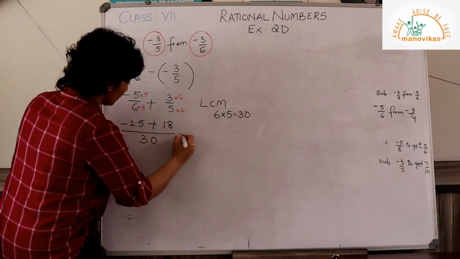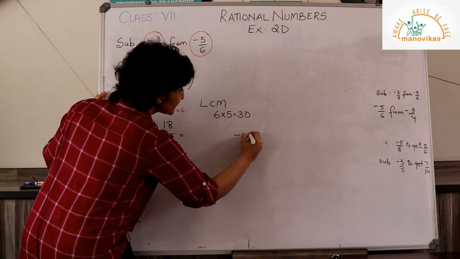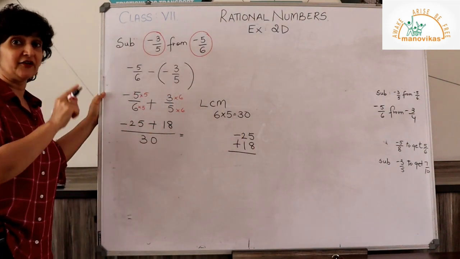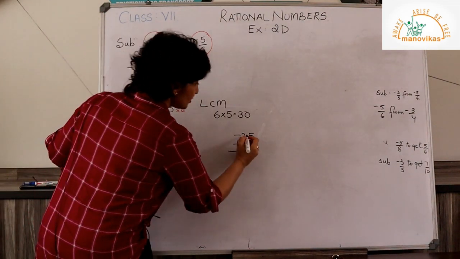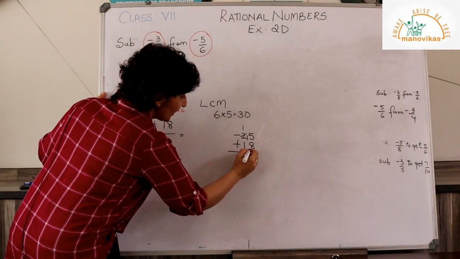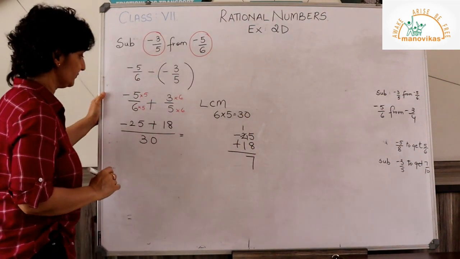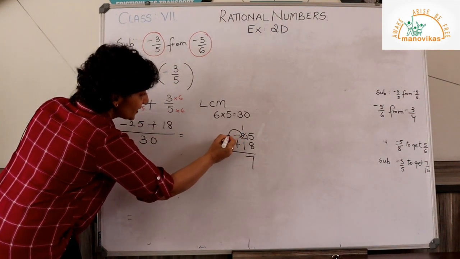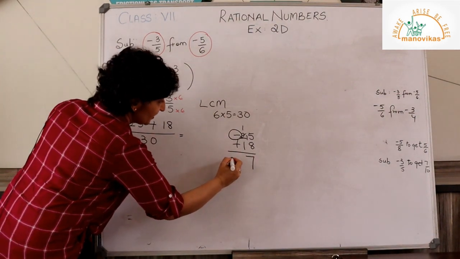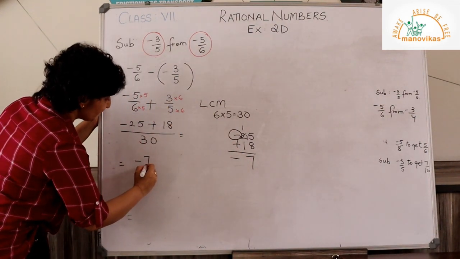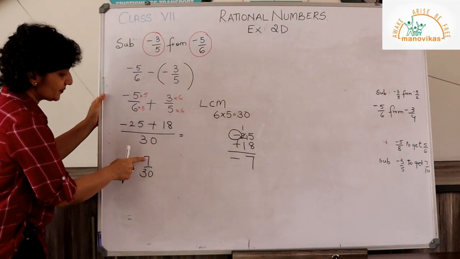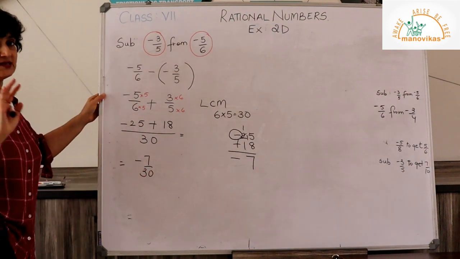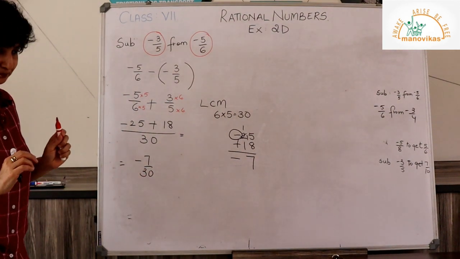Now, in my rough column, I will take minus 25 plus 18. Different family, subtract. So I borrow one here. So 8 when you take, you will get 7 from 15. So my answer will be, don't forget, put the sign of the bigger number. Minus 7 upon 30. Nothing common, I cannot reduce. So minus 7 upon 30 is in its standard form.